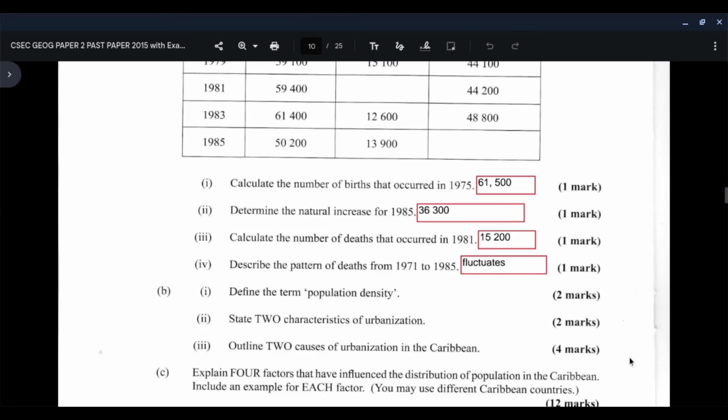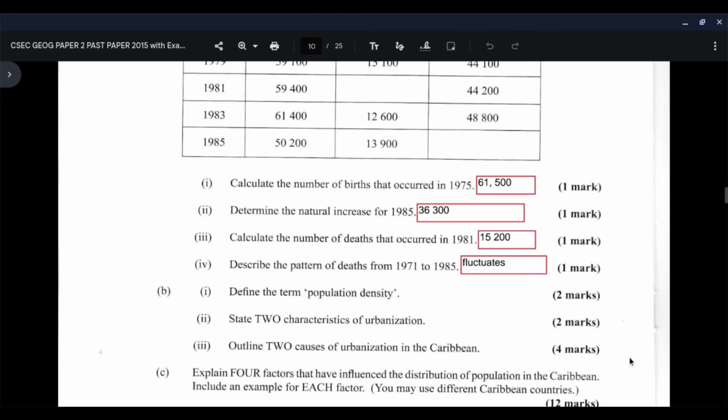Where our urban centers are located is another reason why we have the population migrating to a certain part. Most of the Caribbean countries have their urban centers located closer to the coast, due to the coast being flatter and even more accessible to the ports. You can use Kingston, Jamaica as an example.